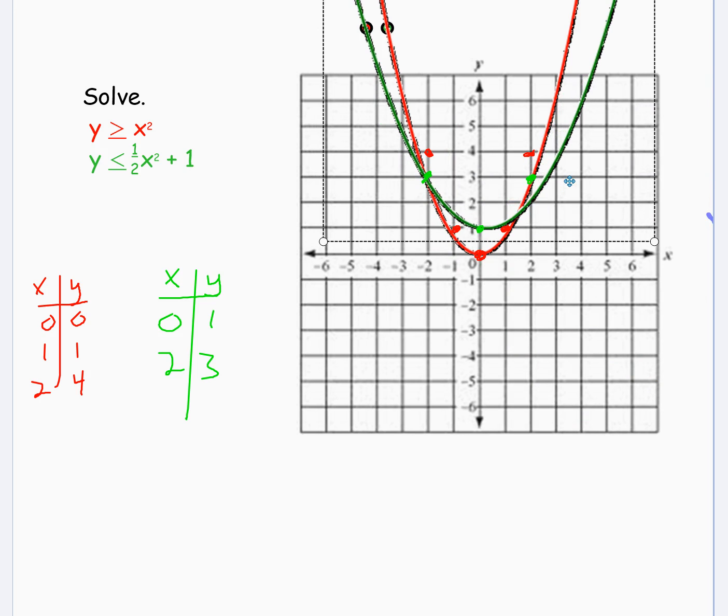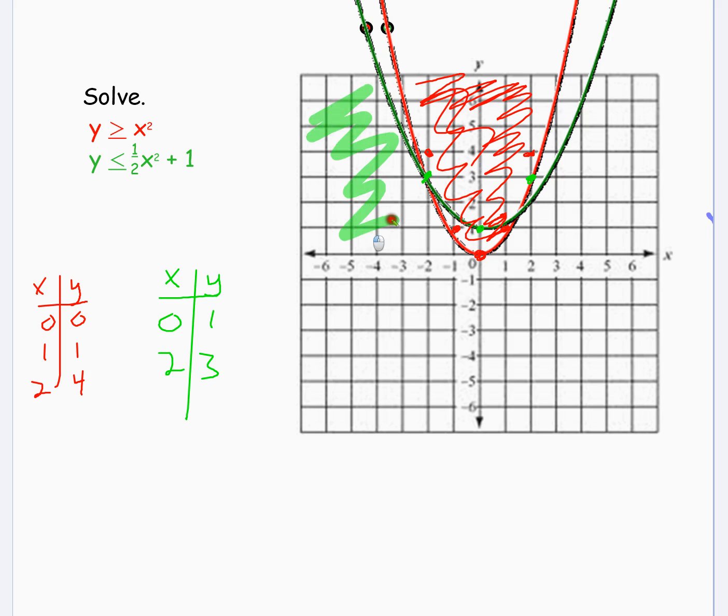And what I should have done before, the red graph is a greater than, so we would shade above the red. And then we would shade below the green graph, so that would be everything out here.